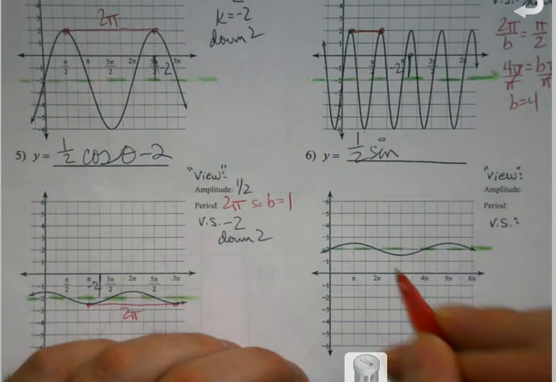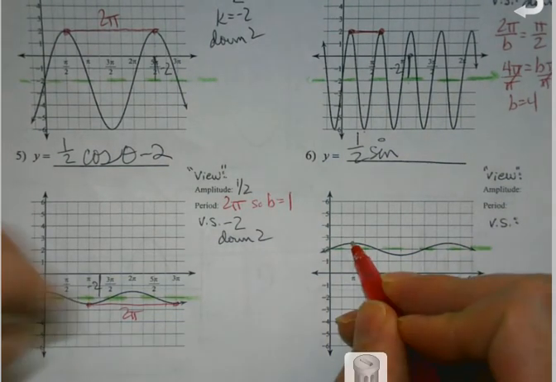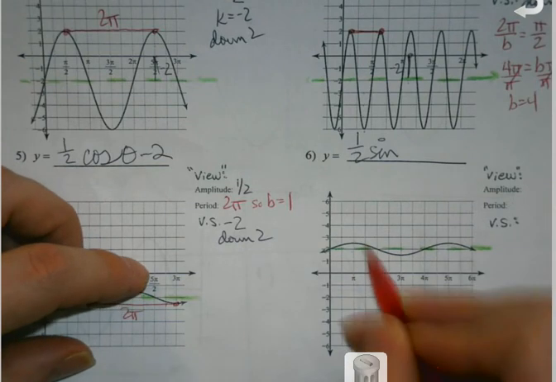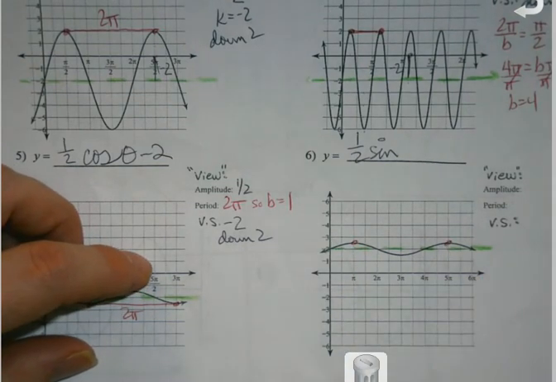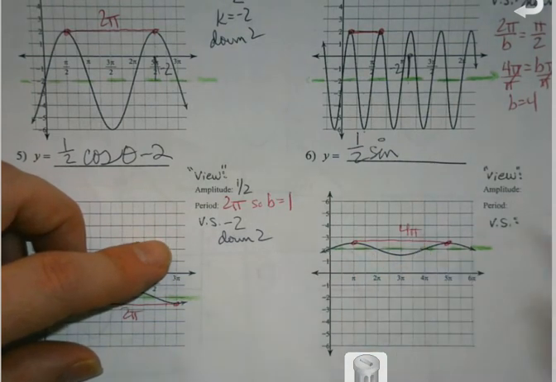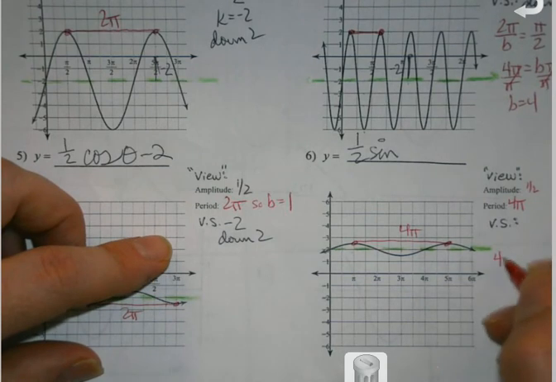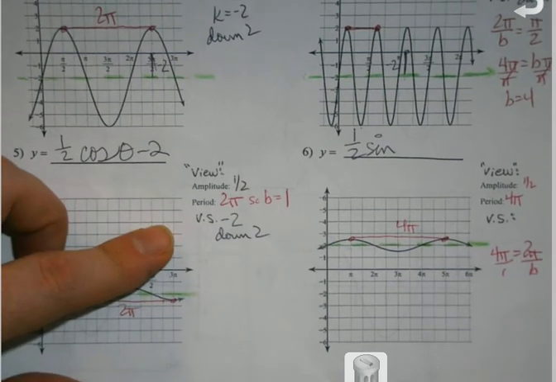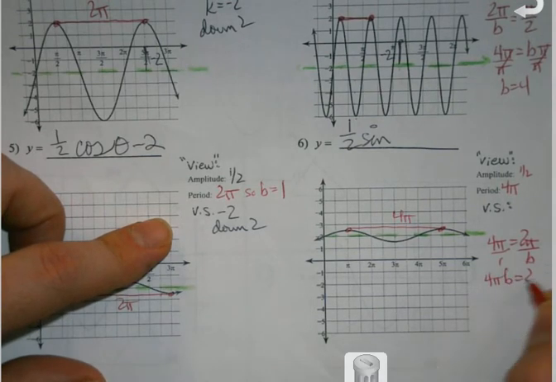Let's see here. What do we have for a period this time? 4 pi. So if I go from here to here, I go from pi to 5 pi, which is 4 pi. But again, if I make 4 pi equal to 2 pi over b, it means that 4 pi b equals 2 pi.